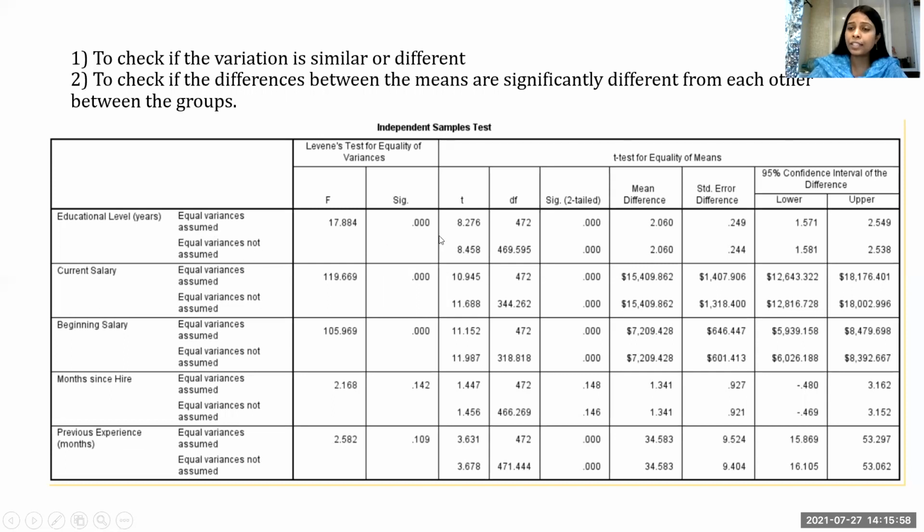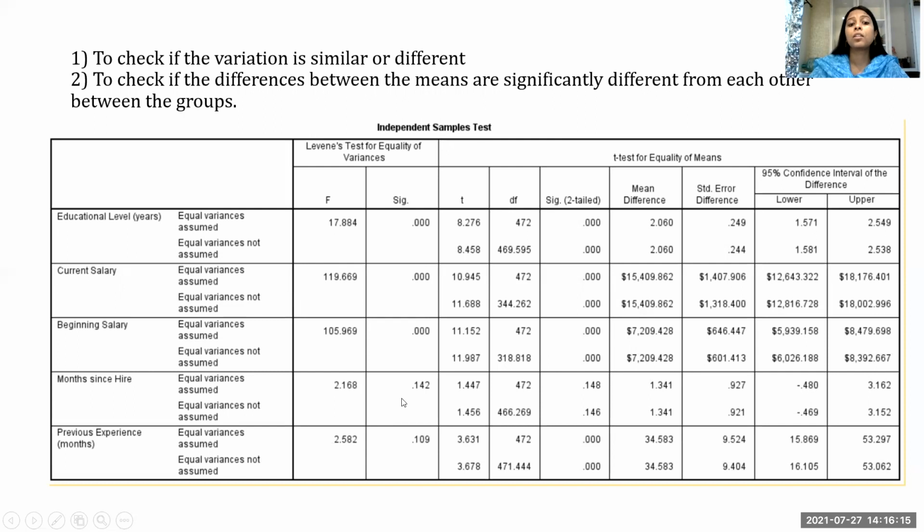Because when it is less than 0.05, you will accept your alternative hypothesis, which says that there is a difference in the homogeneity of variances between the two groups. Therefore, we will see equal variances not assumed.